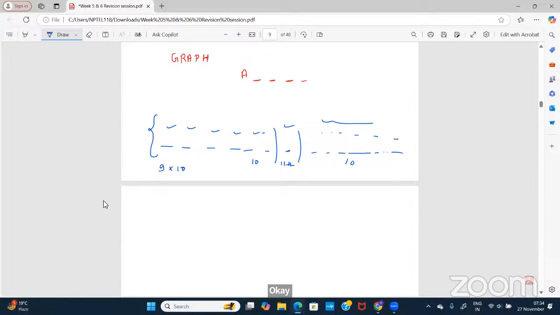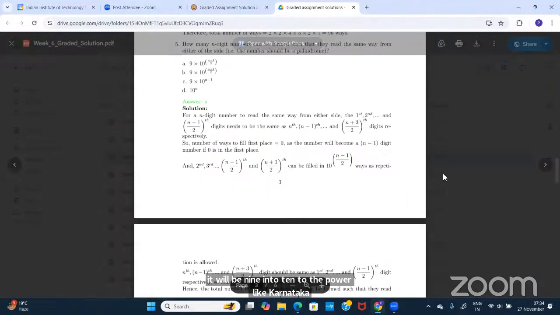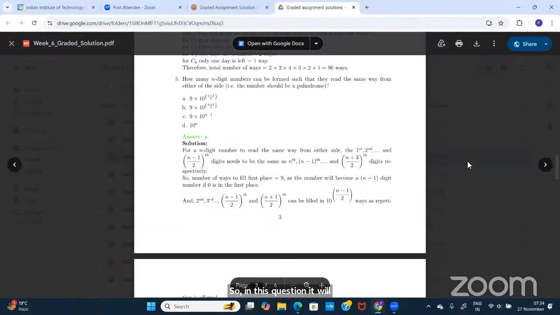For this place, we will be having 10 options. For this also, and up to the 11th place. So it will be 9 into 10 to the power, like up to the 11th place. In this question, it is n minus 1 by 2, right?